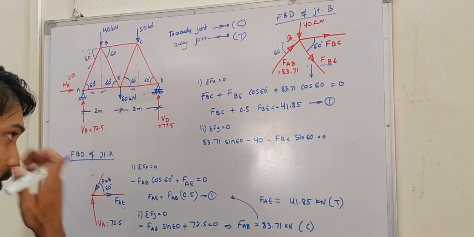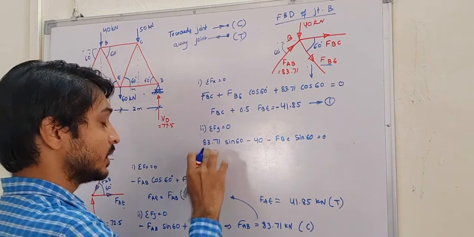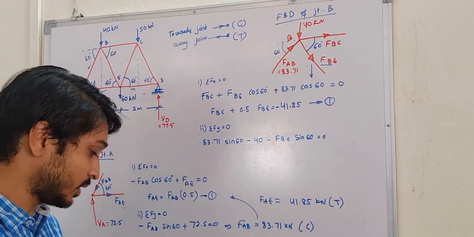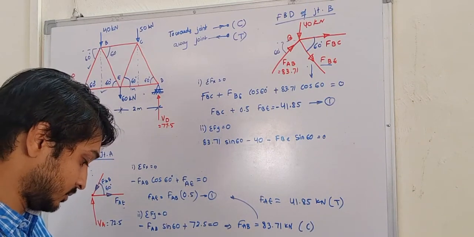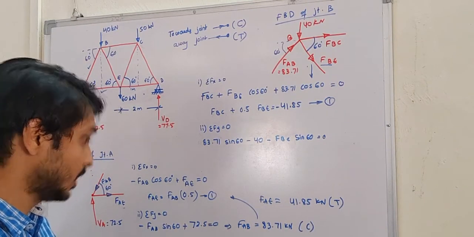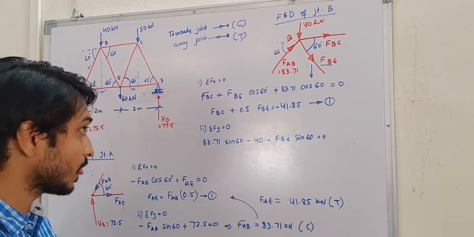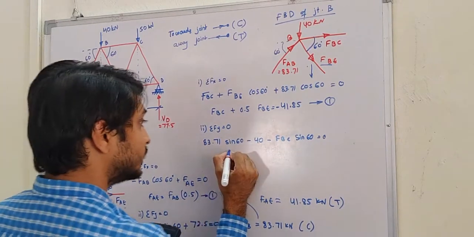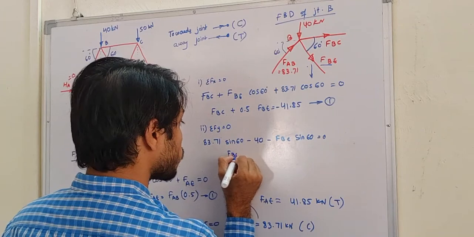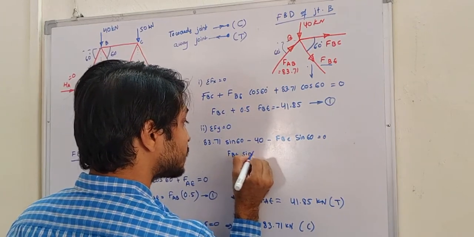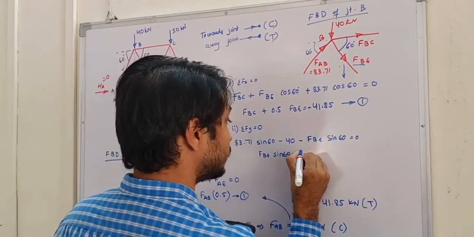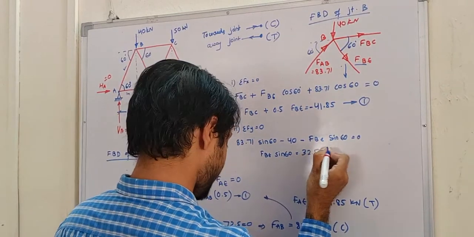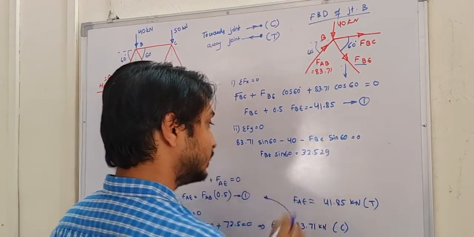Now if I solve it here, this is 83.75 sin 60 minus 40, that is FBE sin 60 equals 32.529.